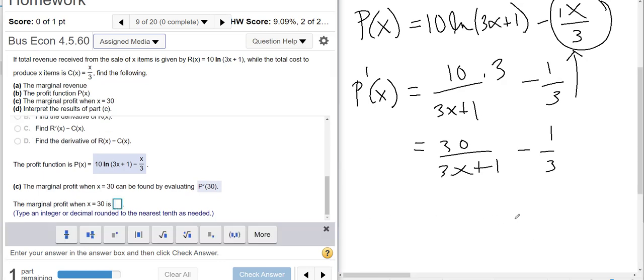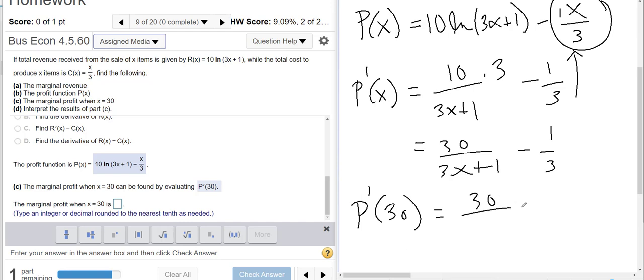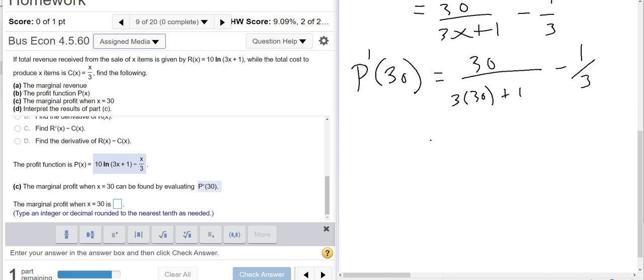And they ask us to find it at 30. So we've got to find this evaluated at the value 30. So 30 over 3 times 30 plus 1 minus 1/3 is 30 over 91 minus 1/3.